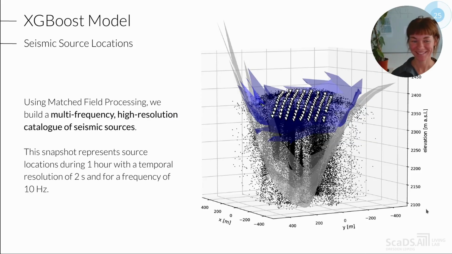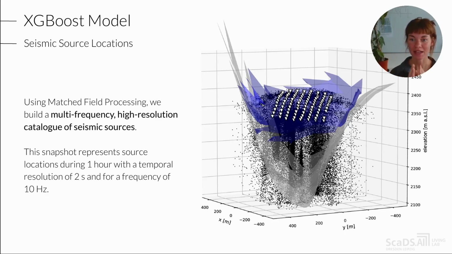Exactly. And here's a snapshot of the catalog that we computed to derive seismic source locations. So we applied matched field processing to the entire month of data that we had with a resolution of 2 seconds, meaning that we investigate each 2-second long time window during this month independently and for multiple frequencies.